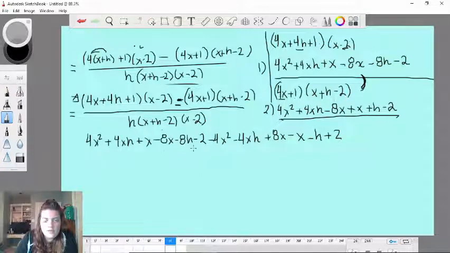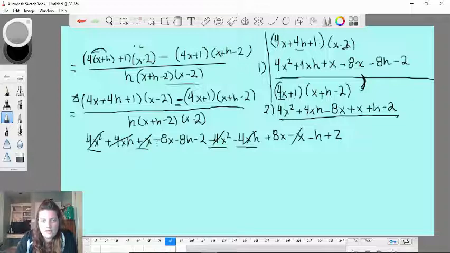Looking at everything they have in common, I have a negative 4x squared and a positive, so I'm going to cancel those out. I have a plus 4xh and a minus 4xh. I have a plus x and a minus x, right there and right there. I have a negative 8x and a positive 8x.